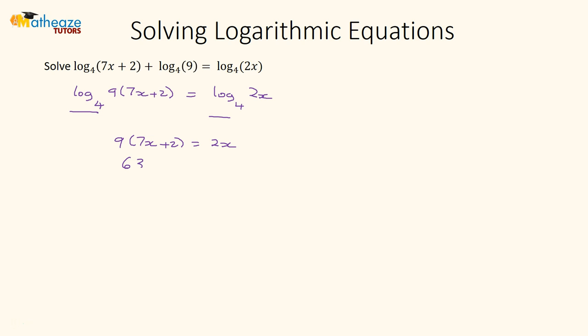So 63x plus 18 is equal to 2x. I'm going to subtract 18 from both sides, and I'm going to have 63x equal to 2x minus 18. Let's subtract 2x from both sides.